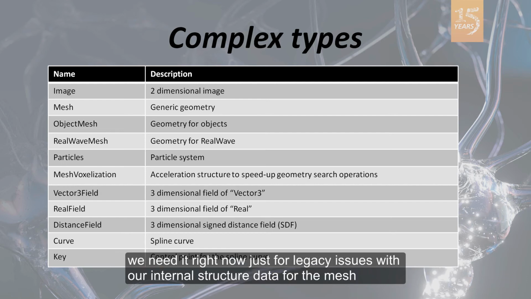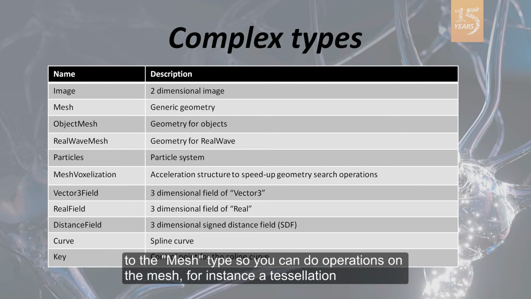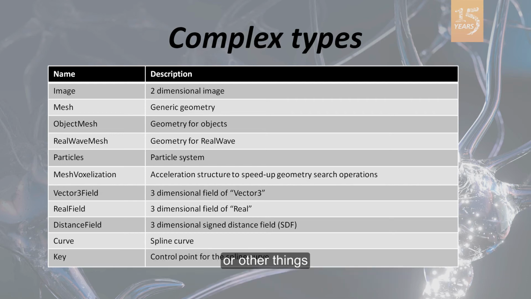And we need it right now just for legacy issues with our internal structured data for the mesh. And when working with the simulation graphs or graphs in RealFlow right now, most of the times you are going to be converting the object mesh to the mesh type, so you can do operations on the mesh, for instance, the selection or other things.